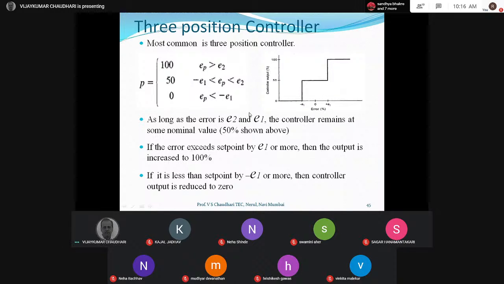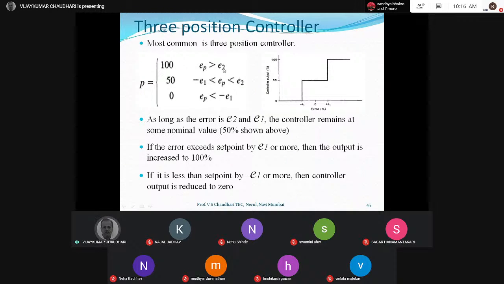As I said, the three-position controller is more popular, wherein a step of 50% is added between 0 and 100%. So if Ep is less than minus E1, then P is 0, right? Between minus E1 and E2, the output is 50%, right?